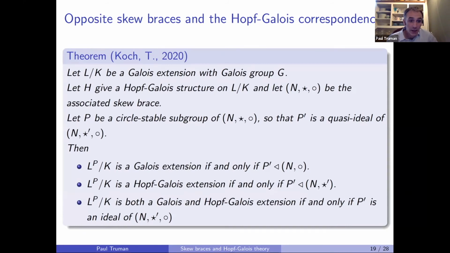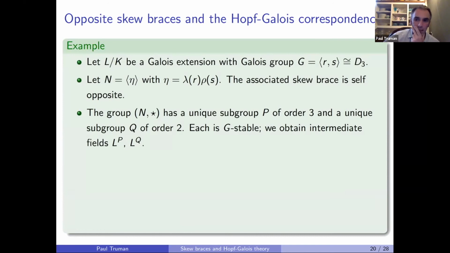Interestingly, we found back then, and it's evident here, that you can pick out intermediate fields in the Hopf-Galois correspondence that aren't Galois extensions of your base field, but are Hopf-Galois extensions. That has implications going back to algebraic number theory and generalized Galois module structure, for example. So the skew brace can tell you all about this kind of stuff.